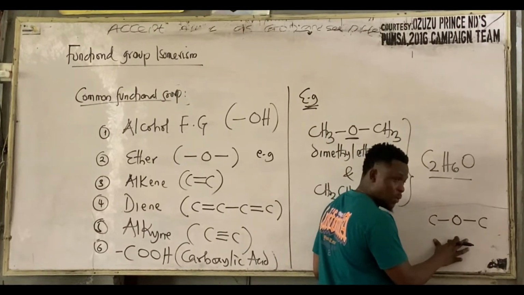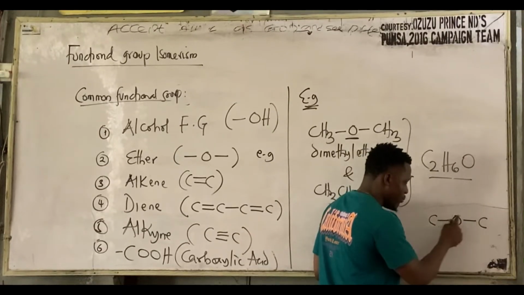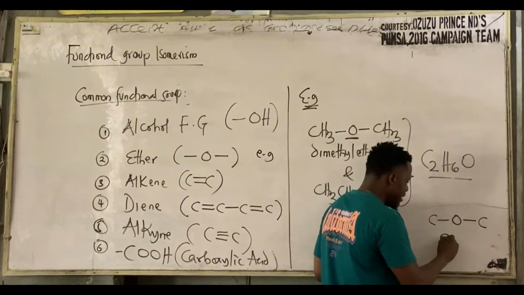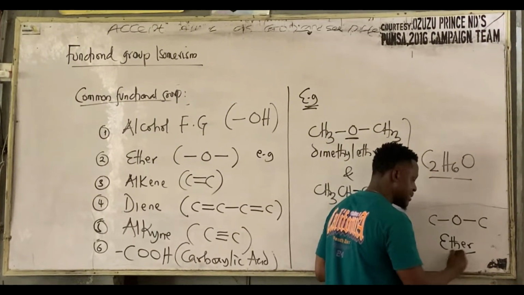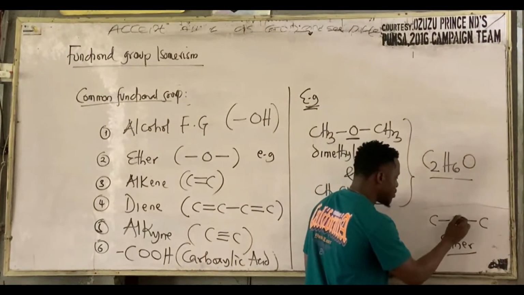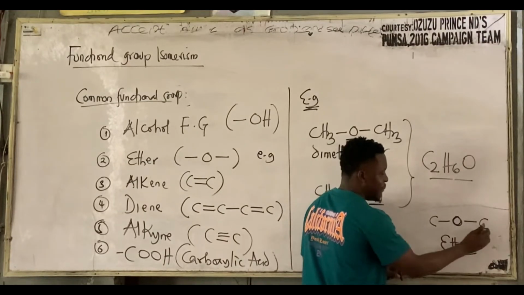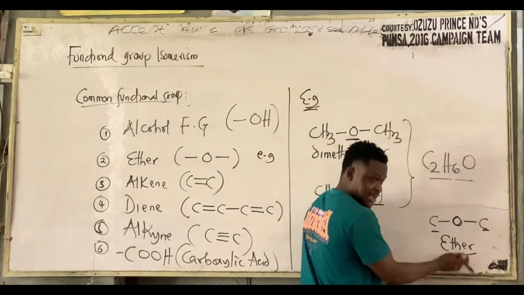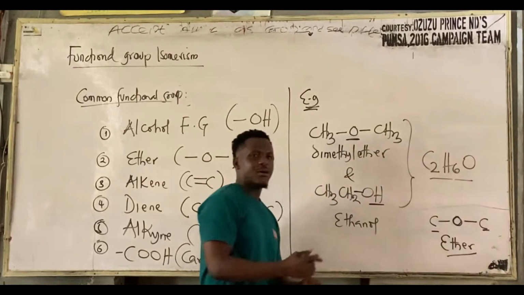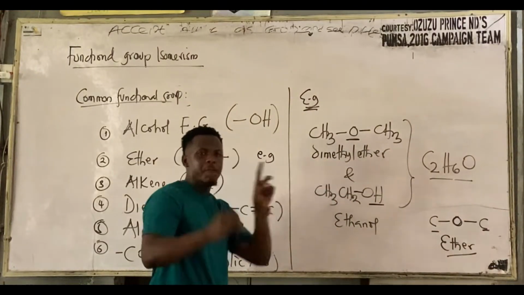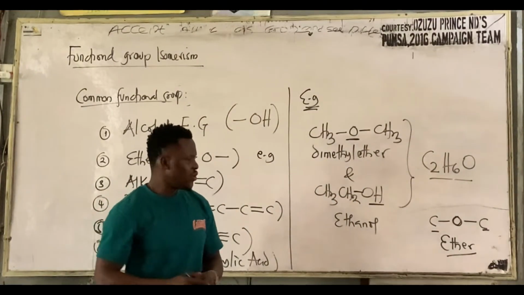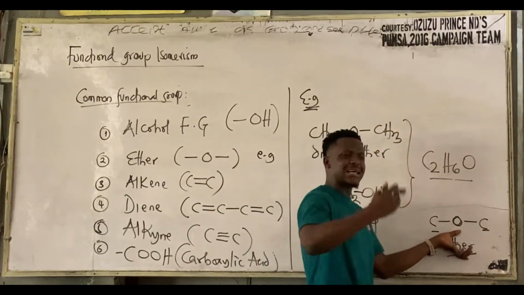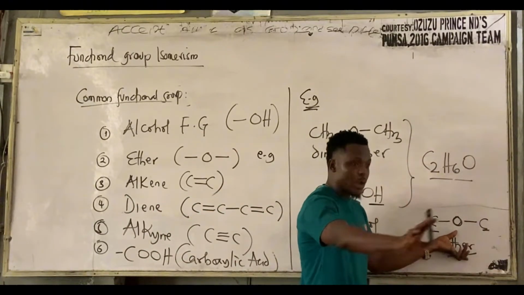Anytime you see a compound that has O in the center, flanked on both sides by carbon, the name given to such a compound is ether. Now, how do we name ether? There are two ways to name ether. You can either name it as ether or name it as alkoxy alkane. I'm coming to that.